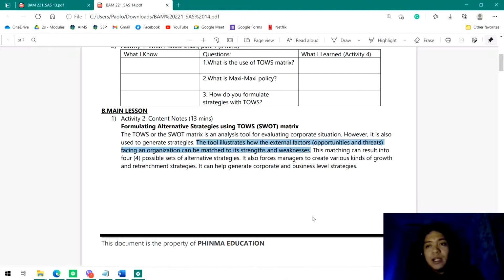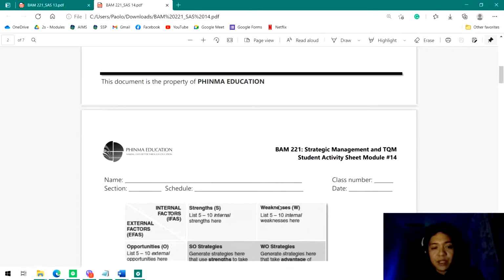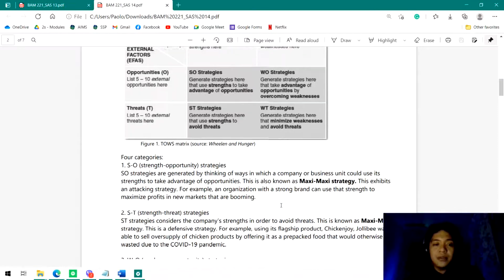Dati siguro, napakasimple lang para sa inyo ang SWOT analysis. You will just identify strengths, weaknesses, opportunities, and threats. Pero ngayon, we are putting it into use. Paano nga ba ginagamit ng maayos ang SWOT analysis at saan ito ginagamit at ano ang pinaka-use nito? And this is one of the uses, the TOWS matrix. So without further ado, let's see how it goes.